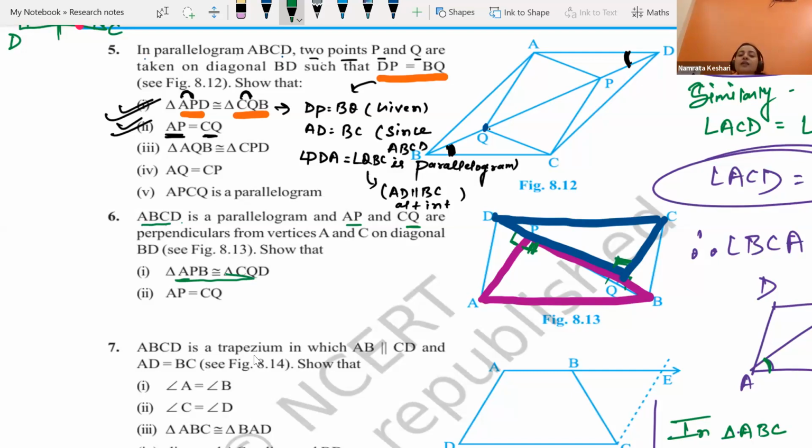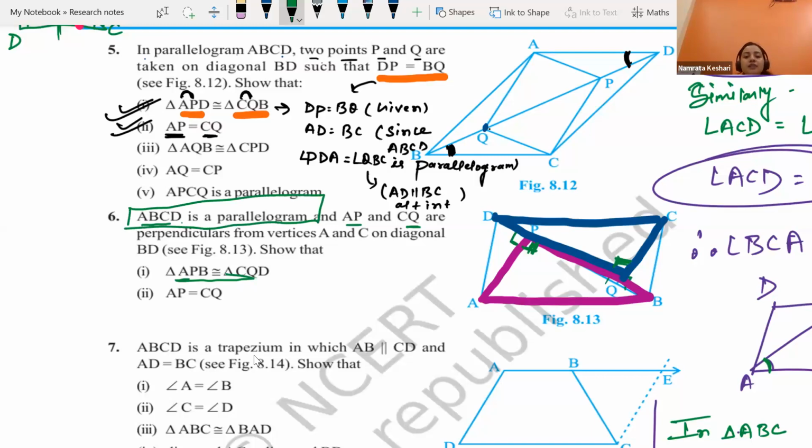This blue triangle and this purple triangle. Is there anything same in these two triangles? Any side which is the same length, any angle which is the same measurement? ABCD is a parallelogram. Check it.